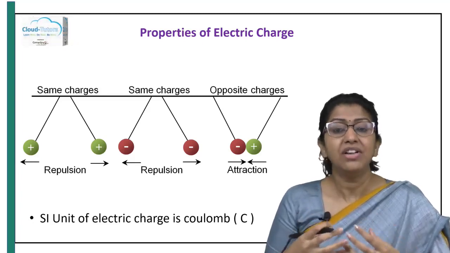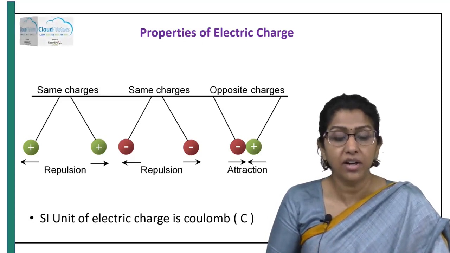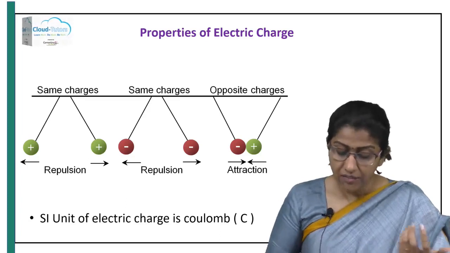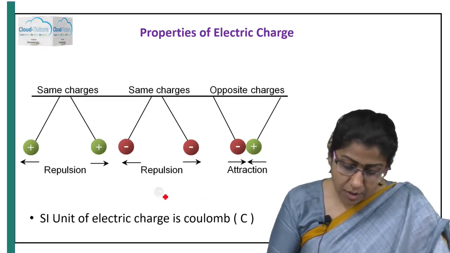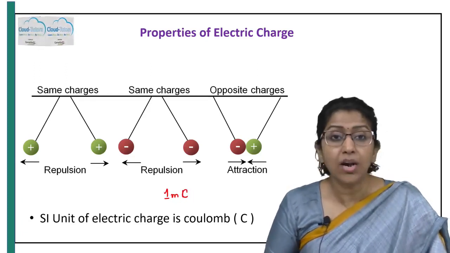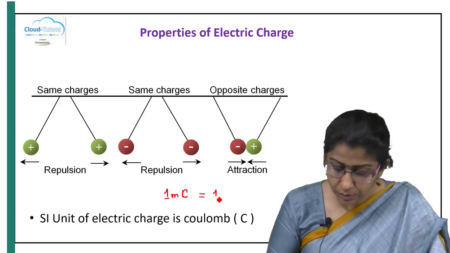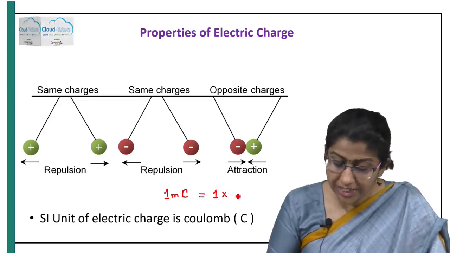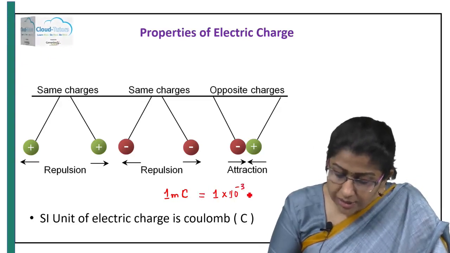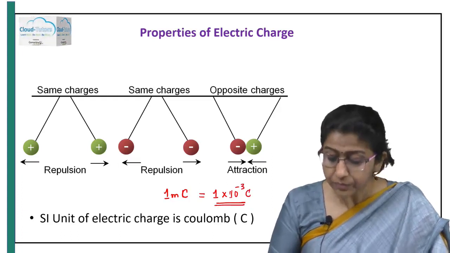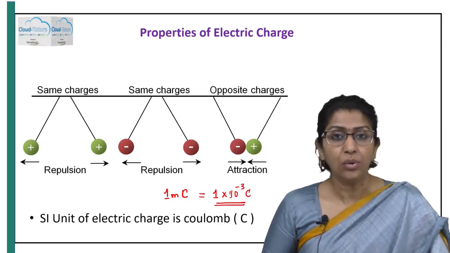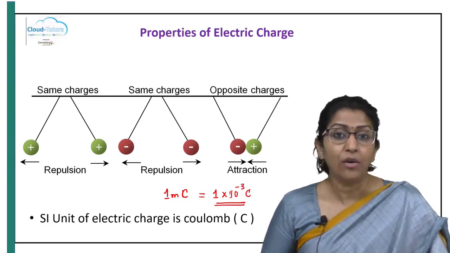So, if we need any other units for this particular entity, that is electric charge, we also have something called 1 millicoulomb, which is written as 1 mC, and this is equal to 1 coulomb divided by 1,000. This I can write as 1 × 10^-3 coulombs. There is also something called a microcoulomb, which is again 1 coulomb divided by 1 followed by 6 zeros.